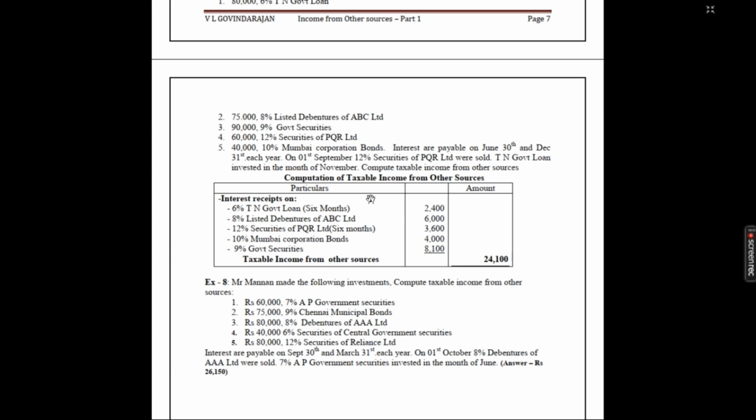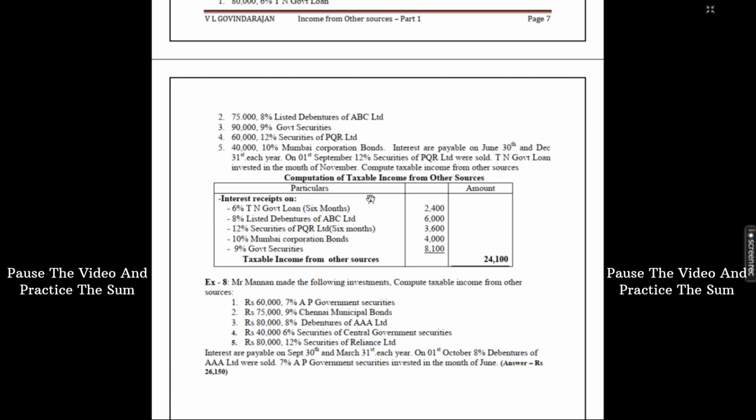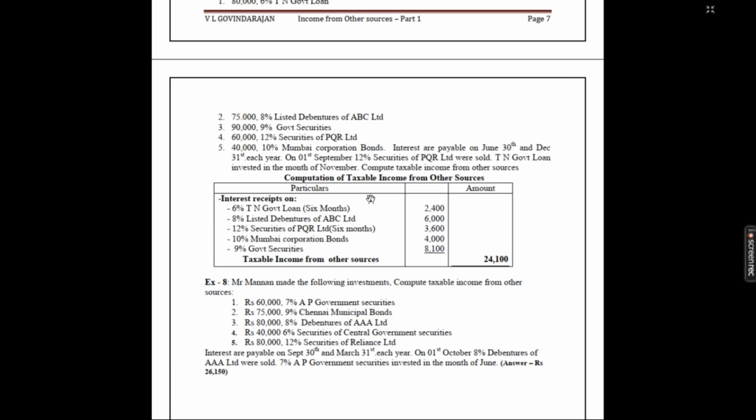So the total amount will be 24,100, which will be the taxable income from other sources. In the same pattern, the listeners can practice exercise 8 and verify the answer. We'll see the comprehensive problems in the next video. Okay, bye.